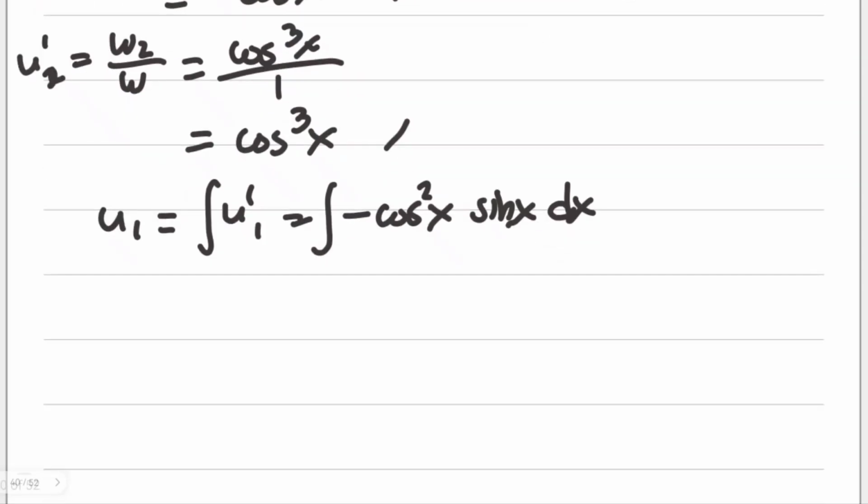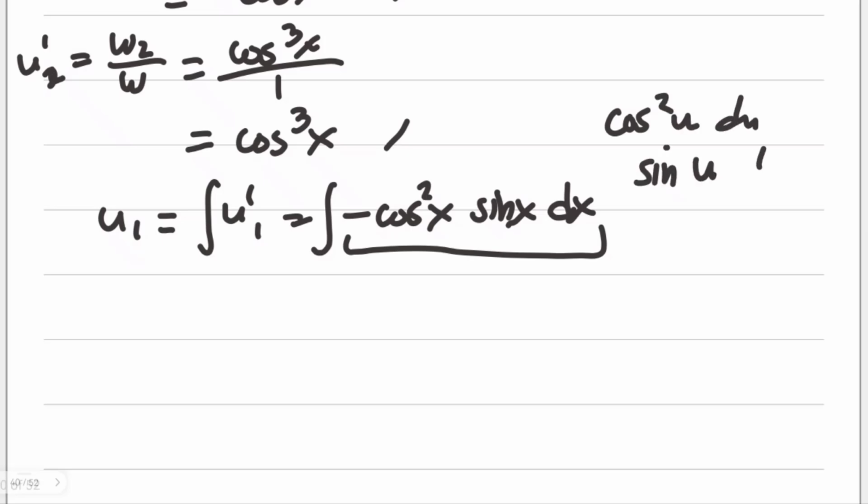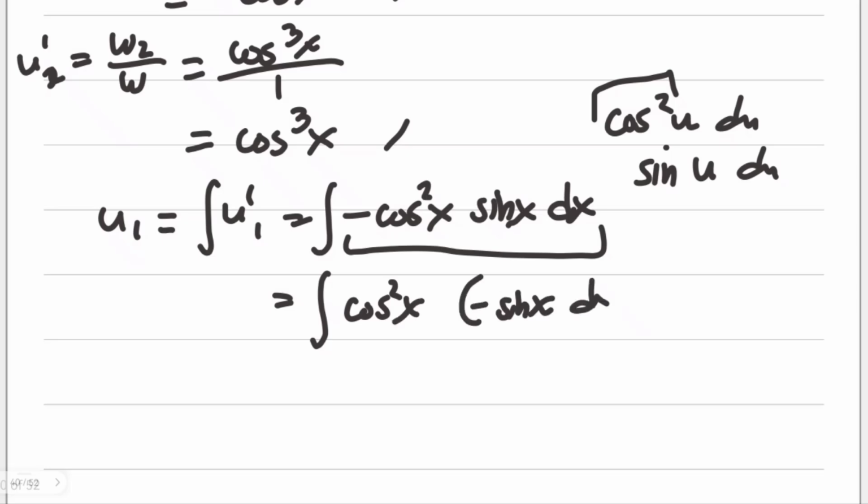Now, to integrate this, of course, you need to decide what would be your u and du, because you can have here either cosine squared as u or sine as du. However, we always consider the exponentiation and then place the negative sign together with sine x. You will have here cosine squared x, and you will have minus sine x dx.